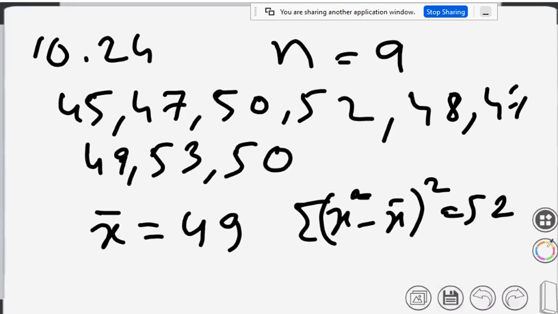So just check whether the value x bar equals to 49 or not. So please check the values. 45 plus 47 plus 50 plus 52 plus 48 plus 47 plus 49 plus 53 plus 50 plus 52 equals to 443 divided by 9.